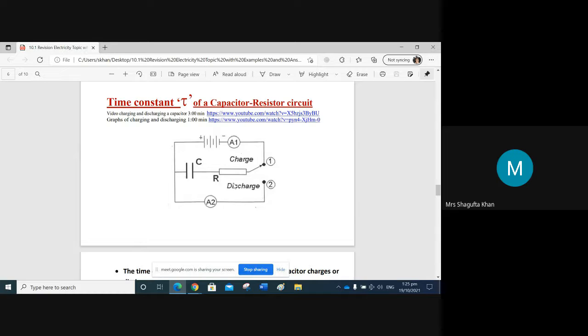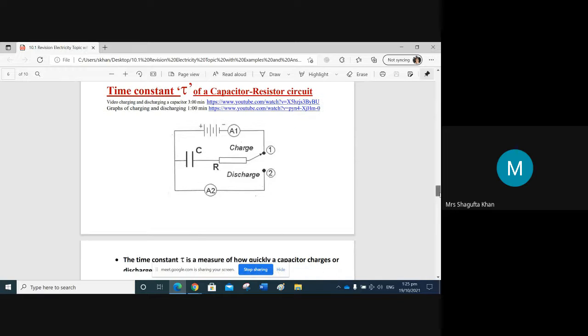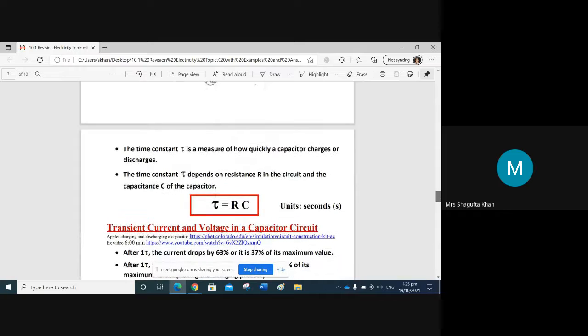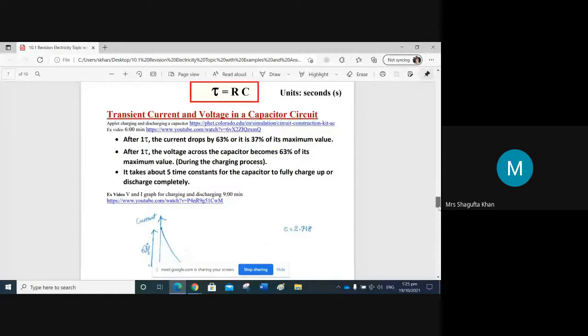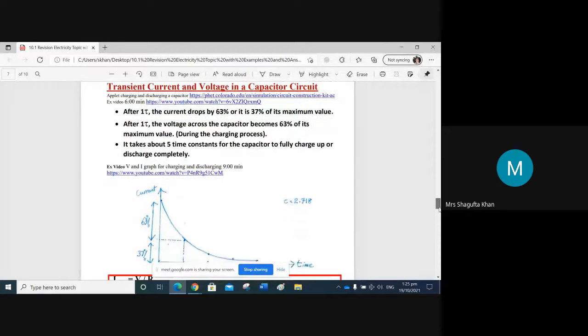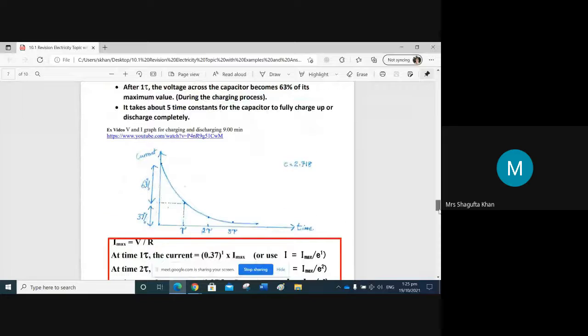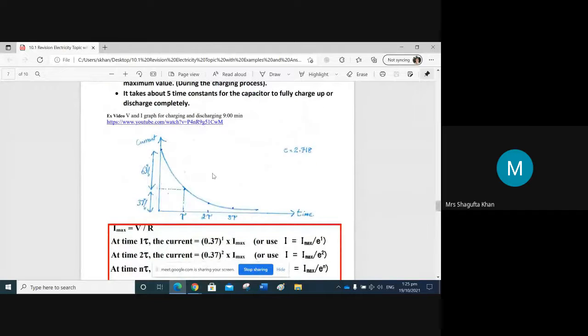How will the graph vary for this one? Remember, current flows in the circuit when the capacitor is charging or when the capacitor is discharging. So that's the formula: time constant is equal to RC. The current in the circuit will be initially maximum, then it will decrease.